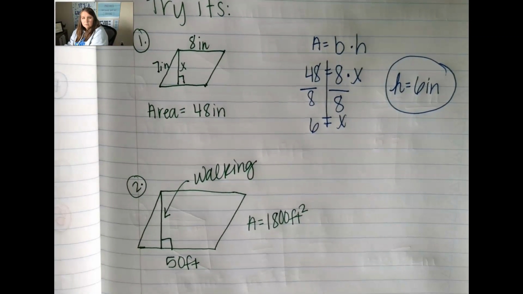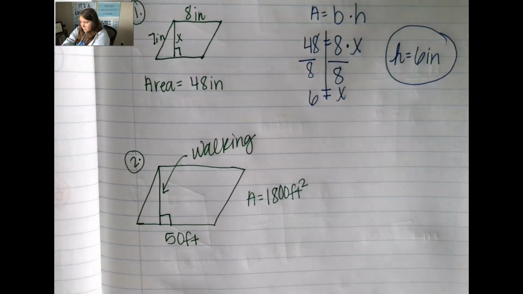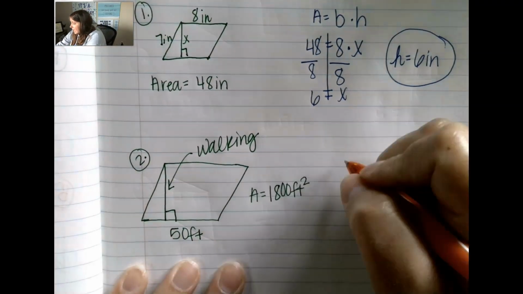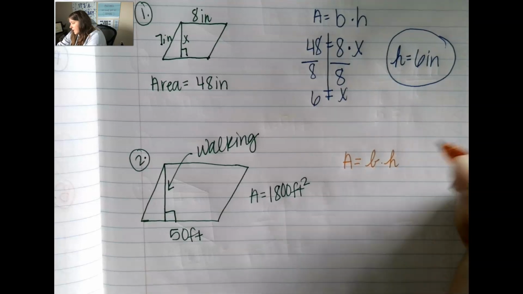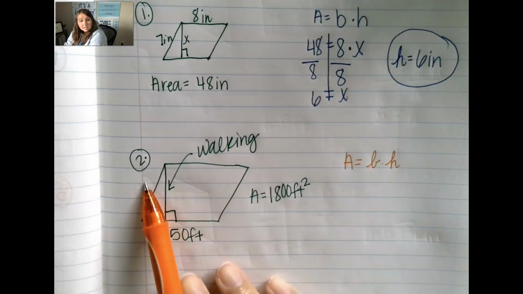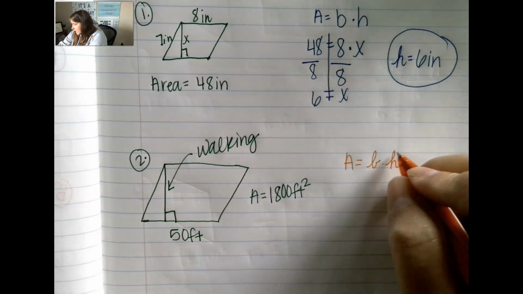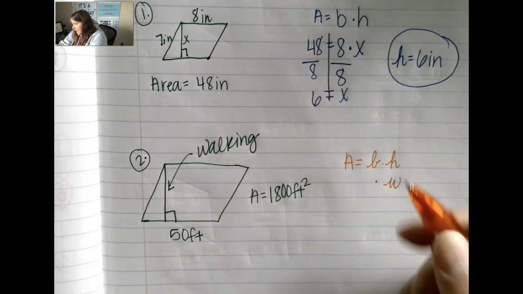How did you do on this one? Okay, on number 2, let's check out number 2. Again, we're still using area equals base times height. Okay, we've got a walking path now. The height is on the right angle, so where I see H, I'm going to put a W because walking path.